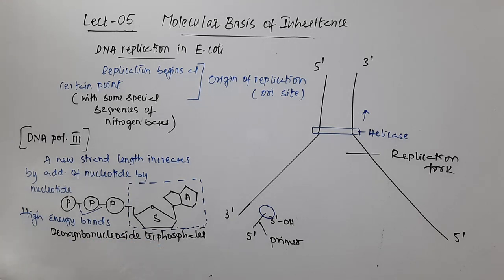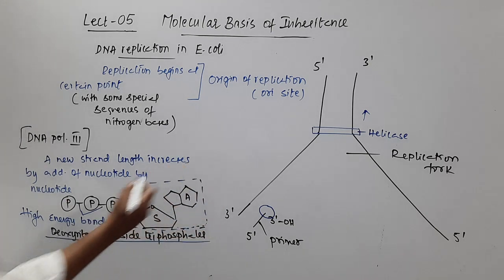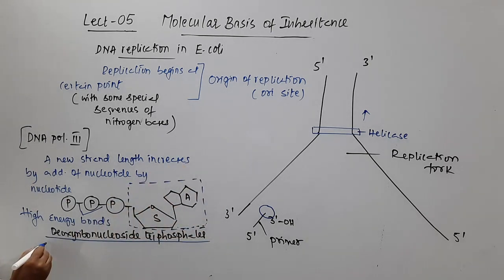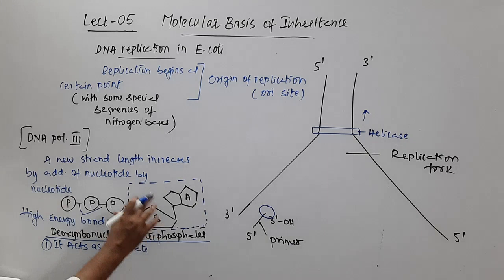Remember when I told you the nucleotides of a DNA molecule. The deoxyribonucleoside triphosphate will become the monophosphate. And these deoxyribonucleoside triphosphates have dual functions. What is that dual function? One, it acts as substrate. So this is what is going to get added.